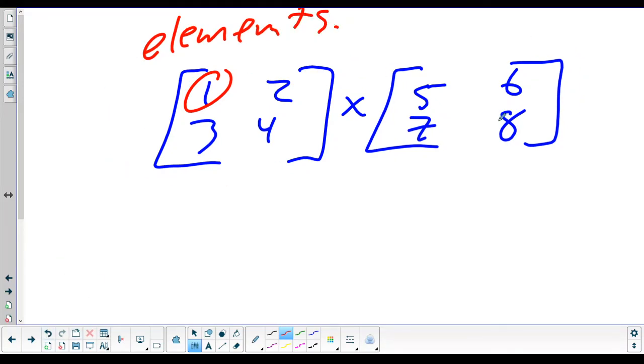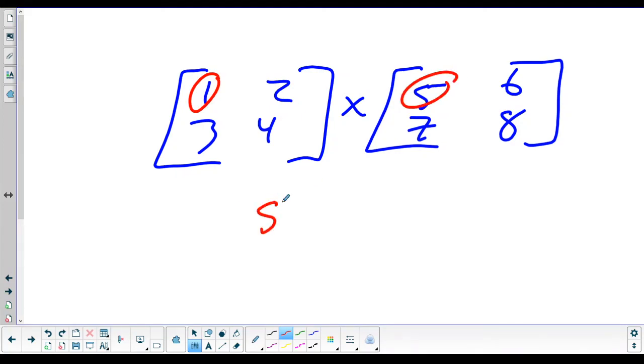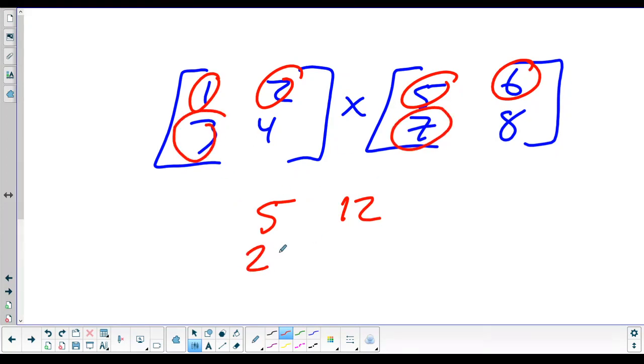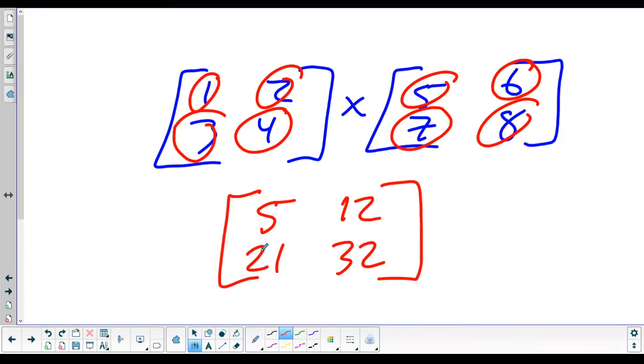So the wrong thing to do, so this is not how you're going to do your homework, is to take the first element times the first element and make a new one. The second one times the second one and make a new one. Third times third, and fourth times fourth. Okay, this is the wrong way to do it. This is not what we want to do with matrix multiplication.